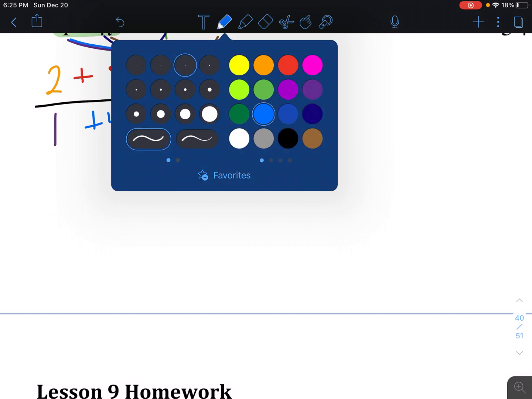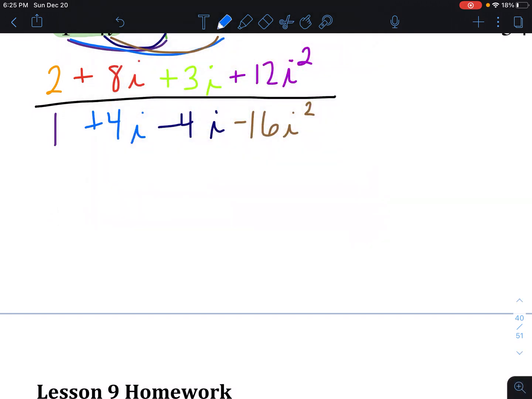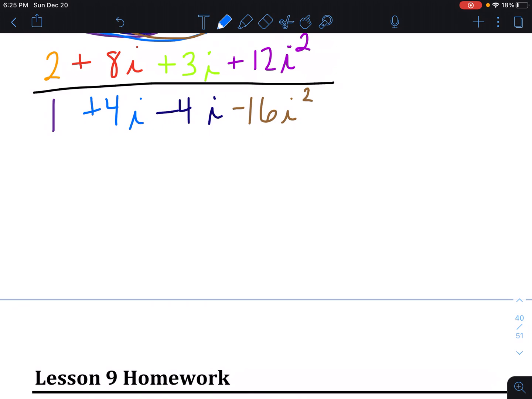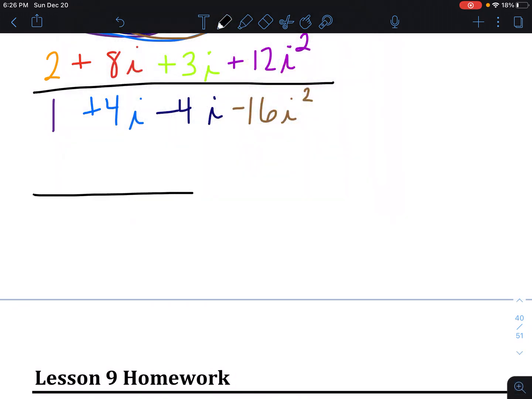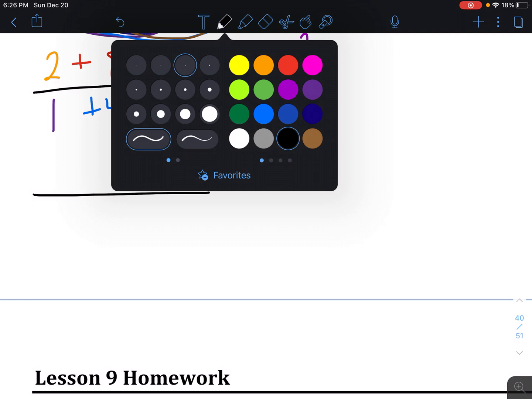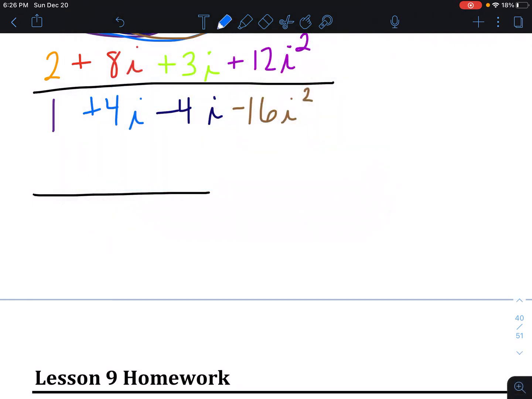So in the numerator, let's focus on the numerator first. So the 2 will just end up dropping down. There's no constant to add with it right now. Actually, let me back up a bit here. I can save a little bit of space.